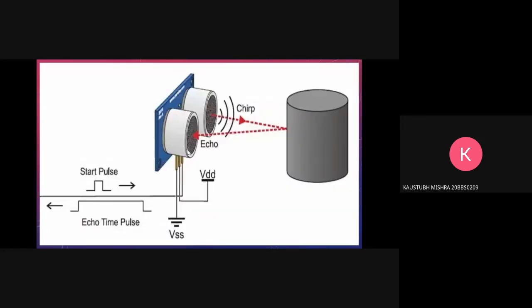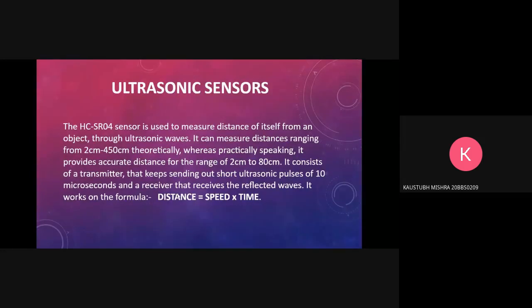So how does all this evaluate the distance between the ultrasonic sensor and the object? Well, we all know the formula: distance is equal to speed into time. Ultrasonic waves have the same speed as the speed of sound, so we technically know the speed over here.